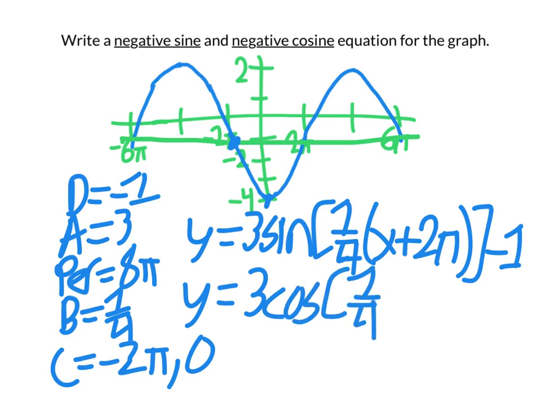There's no displacement. And then since both of them are negative sine and negative cosine equations, there has to be a negative sign before the 3, so y equals negative 3 sine, and y equals negative 3 cosine.